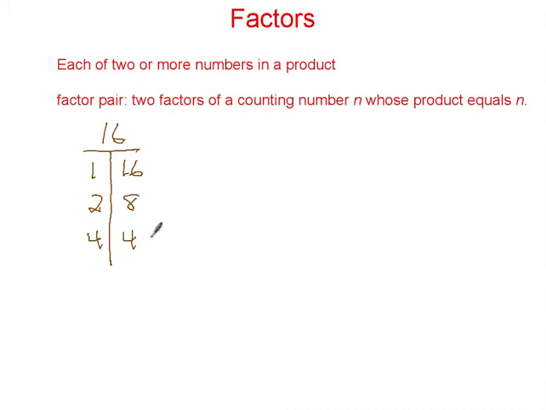Now when I do the factor T, I do put both numbers there, 4 and 4. But when I go to make the factor rainbow, 1, 2, 4, 8, and 16, I only include 4 once. So when we're talking about the factors of a number, you don't list the same number twice. You only list it once.